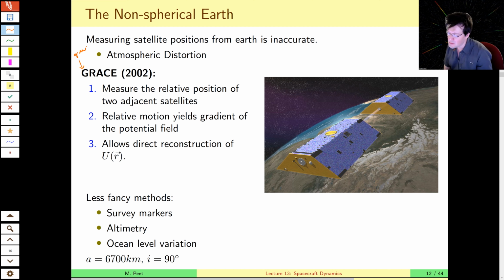But anyway, it's much cleverer, because what you have is two satellites right next to each other, and it measures, as they move through their orbit, the change in relative position of the satellites with respect to each other. Relative motion.